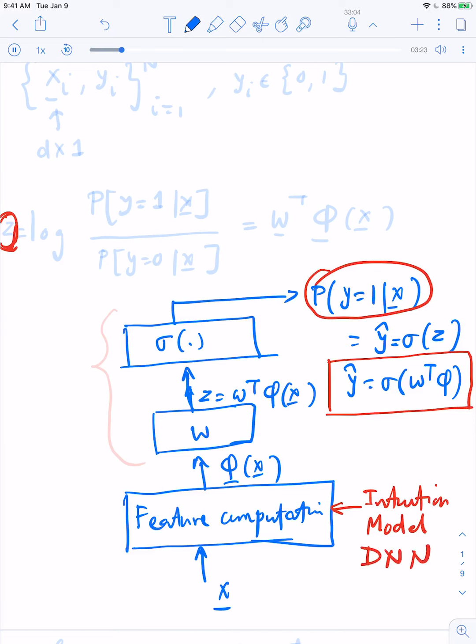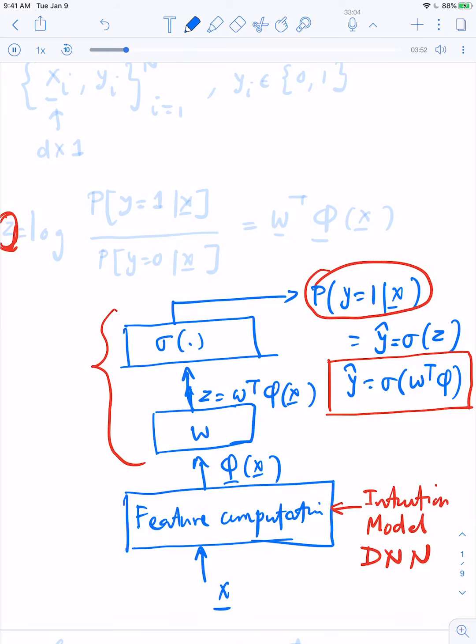So there are a bunch of options for that. That part, the learning part of the feature computation, we are not talking about yet. Suffice it to say that this logistic regression box is sort of the last box in many machine learning architectures, right? It's sort of the last box in a deep neural network architecture as well.